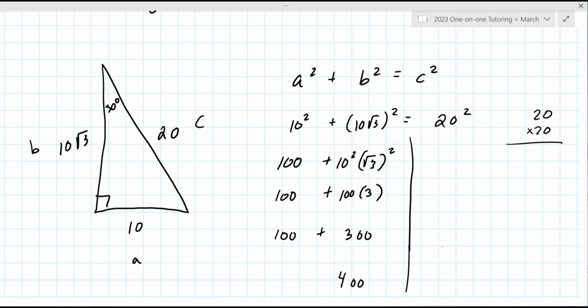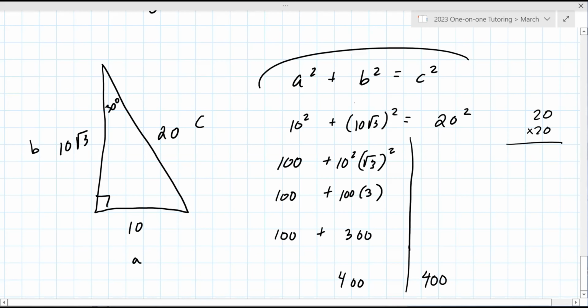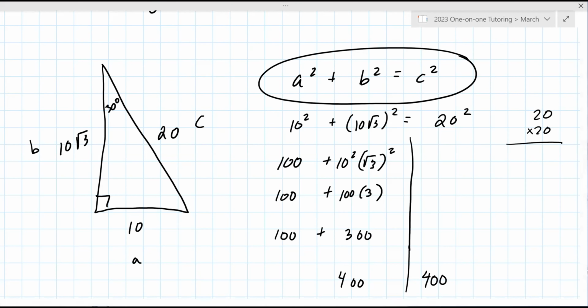So does this hold? Yeah. So this always works. Are you familiar with the saying, sometimes they say this in the automotive world, like a hammer always works? The Pythagorean theorem is like your hammer, it will always work.